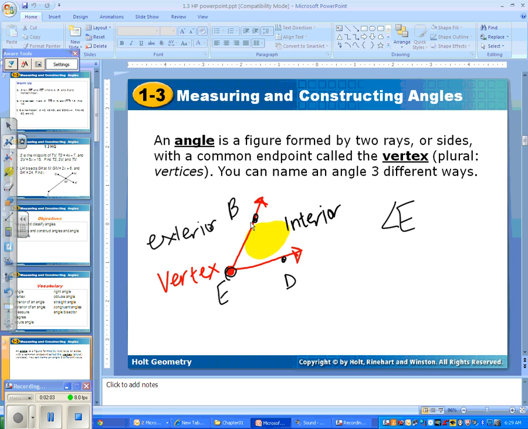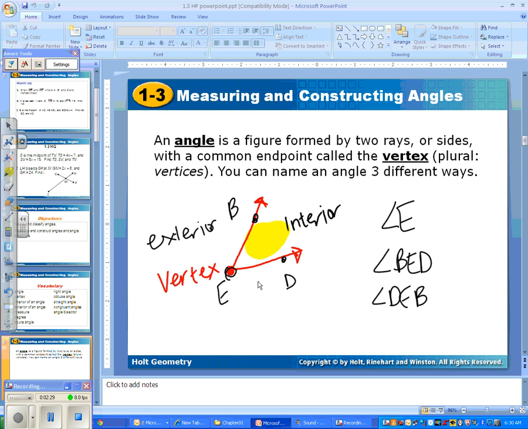In geometry, they're not going to be this simple all the time, so you probably won't be able to name angles like that. Rather, you'll probably have to use all 3 letters. So since E is the vertex, it has to go in the middle. Since you're talking about all this space in between, it's from B to E to D. So angle BED is one way to do it. You could also do D to E to B. So these all are talking about this lovely yellow space.